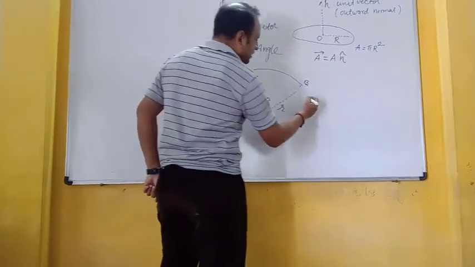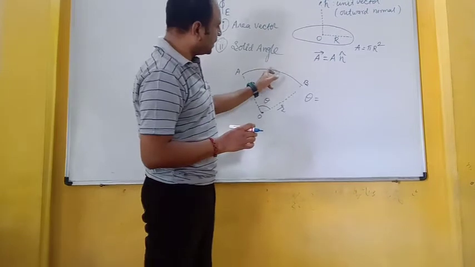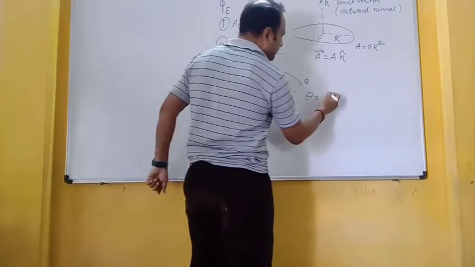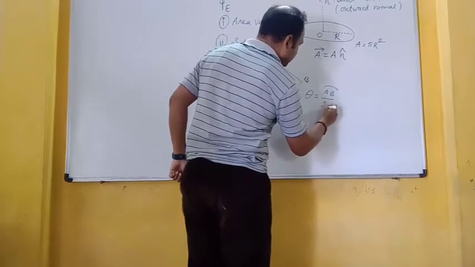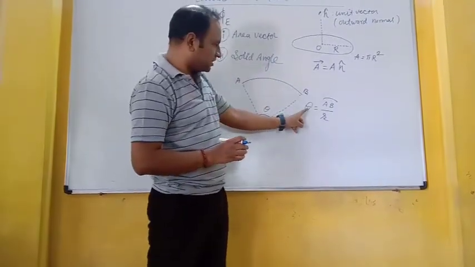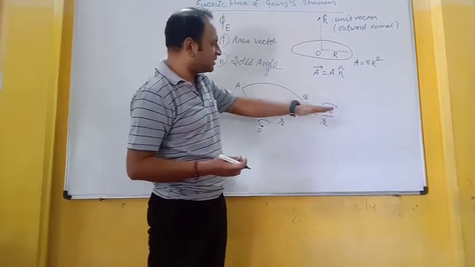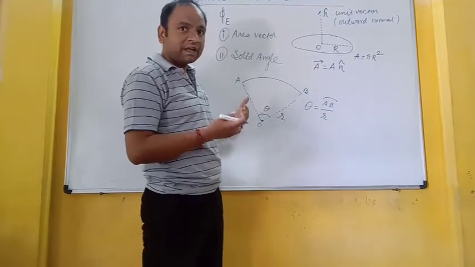So this theta would be given by the length of this circular arc AB divided by the radius of the circle of which this arc is a part. So the angle in general we define as the length of the arc divided by the radius.